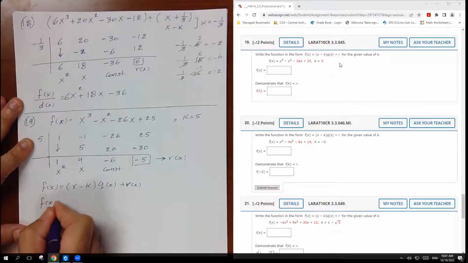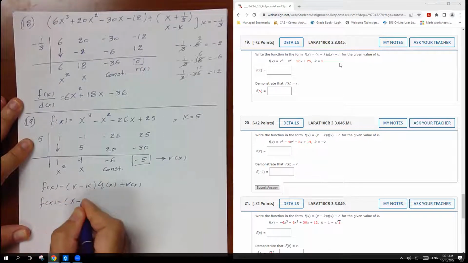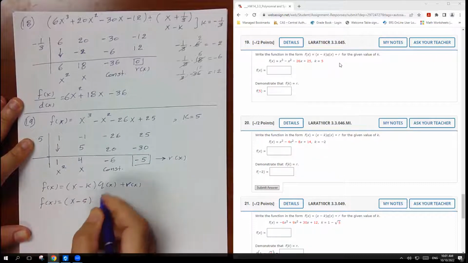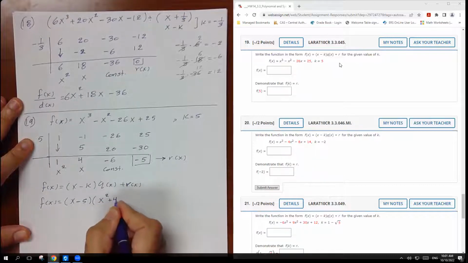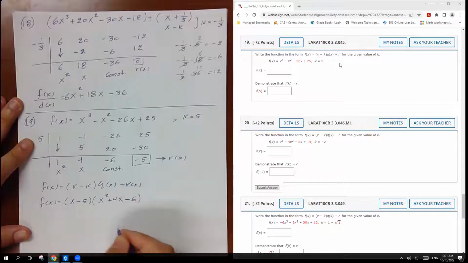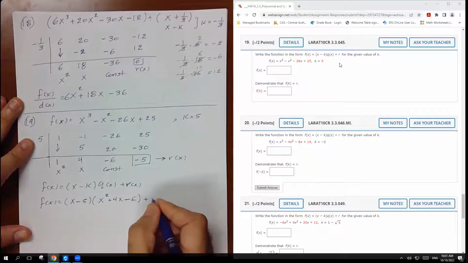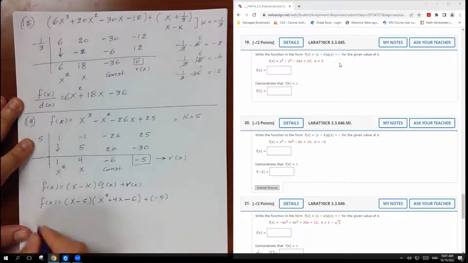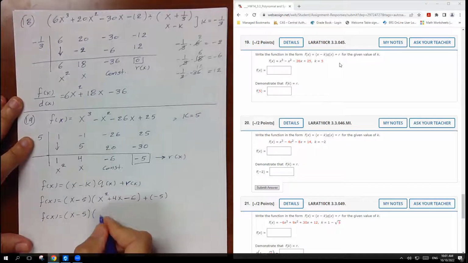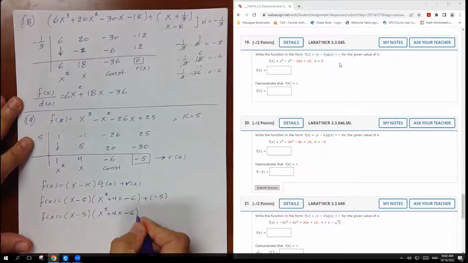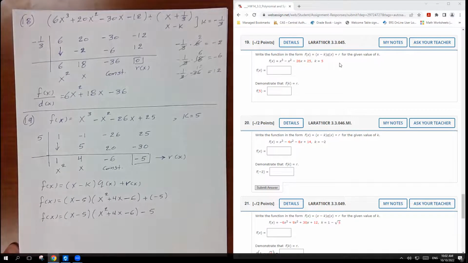So f of x is going to be x minus k, that means x minus 5, times q of x, which is x squared plus 4x minus 6, plus r of x, which is -5. That means f of x is x minus 5 times x squared plus 4x minus 6, minus 5. That's it for this example.